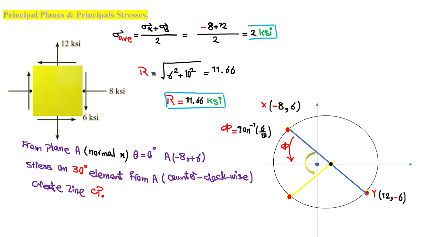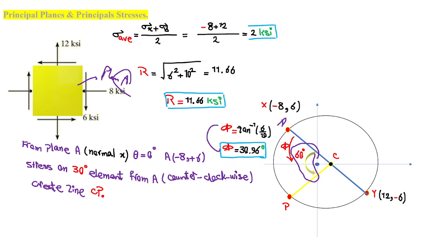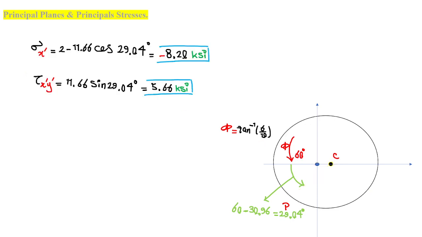So if we call this a small angle phi, that's an inverse tangent of 6/10, and the total is 60 from CA to CP, if we call it plane A, and it just gives us phi is equal to 30.96. So the rest is 60 minus this angle, that's 29.04.